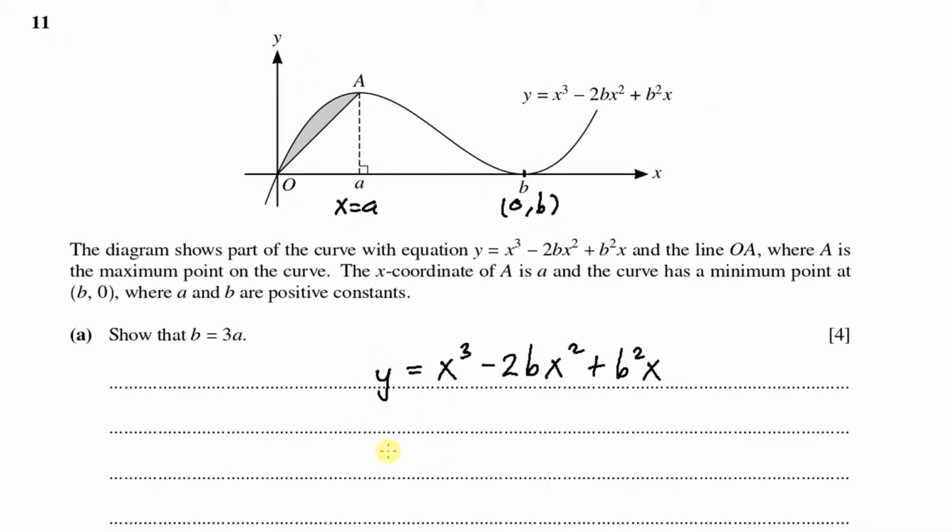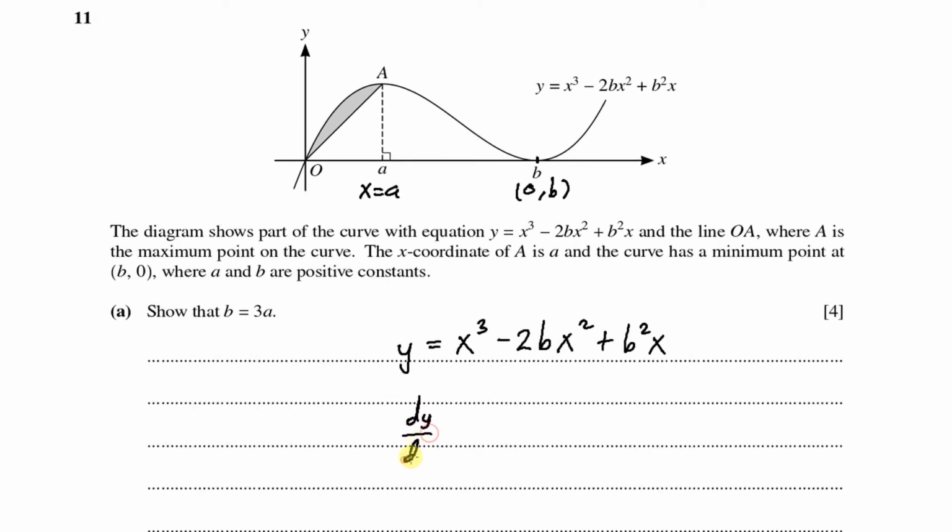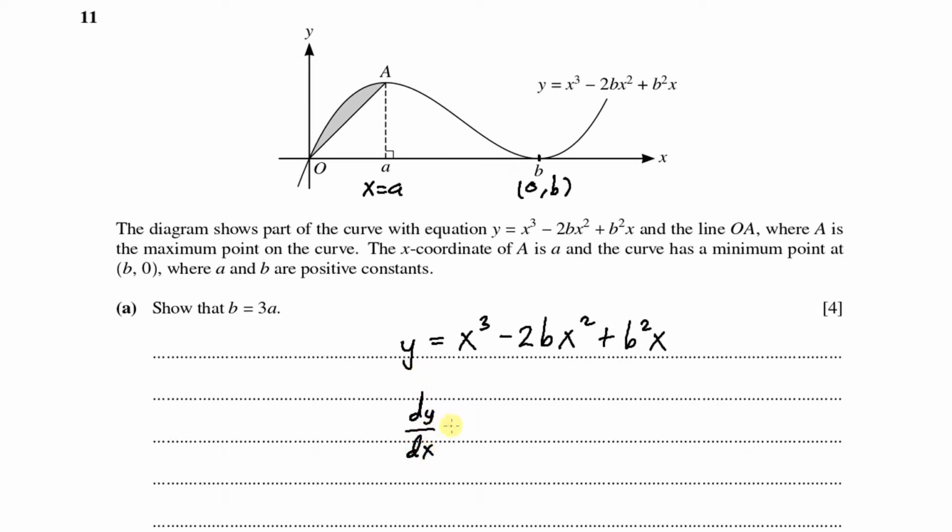So from here, I'm going to find the derivative of y with respect to x. Differentiating, I get 3x² minus, and differentiating −2bx²: note how −2b is a constant, so if we differentiate x² we get 2x to the power of 1.